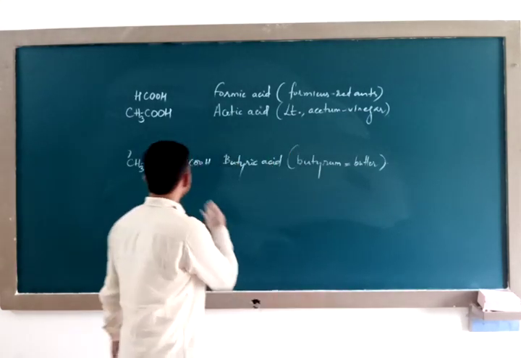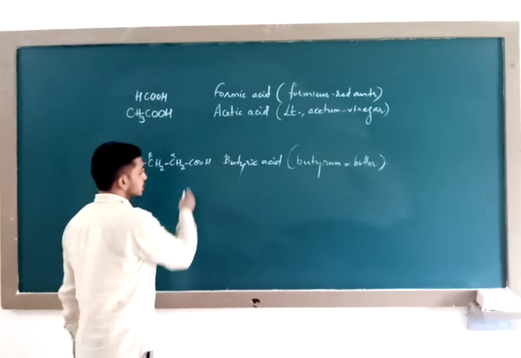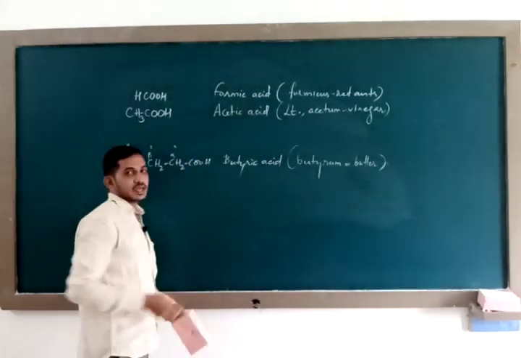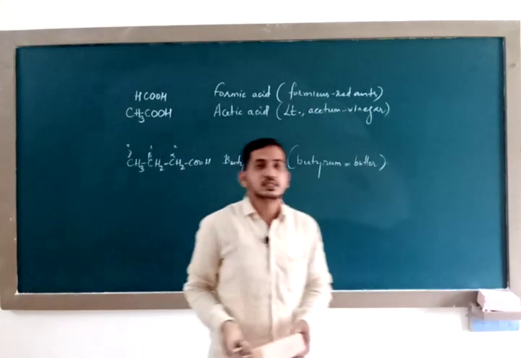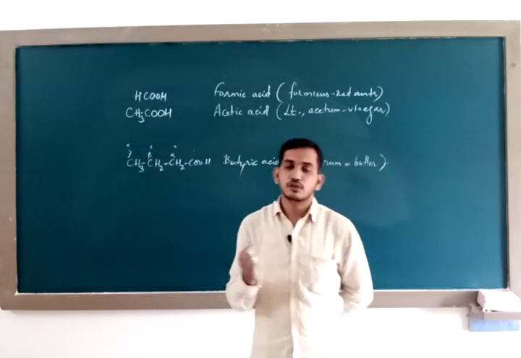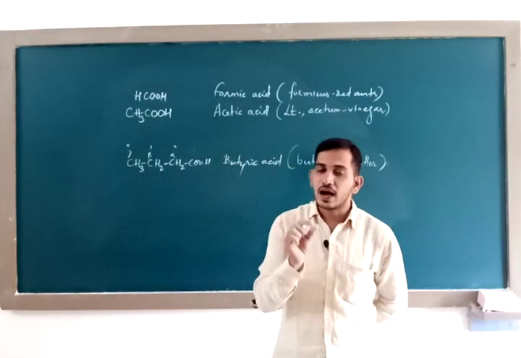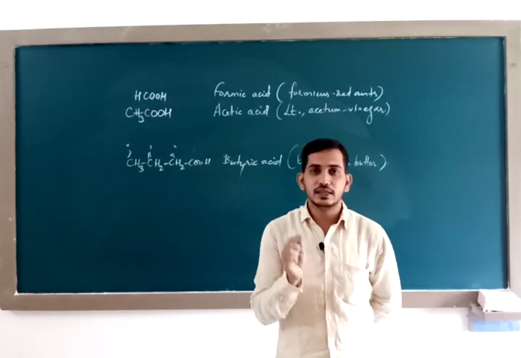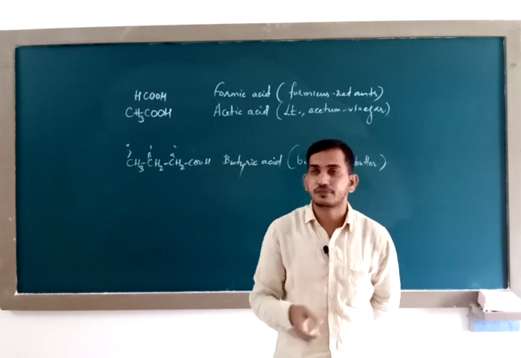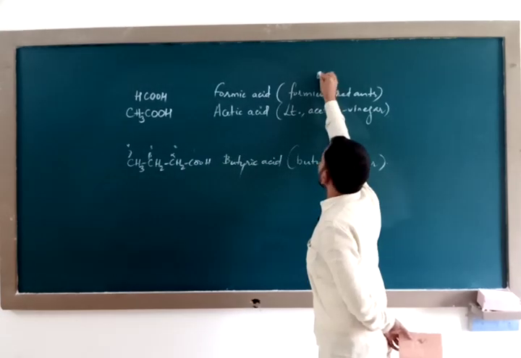So if this is the case, then I should begin numbering this compound from here, so that its name becomes butanoic acid. In IUPAC system, carboxylic acids are considered as derivatives of alkanes, wherein the last letter of alkane E is replaced by a suffix oic acid.